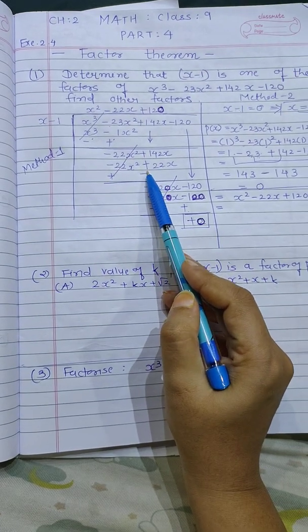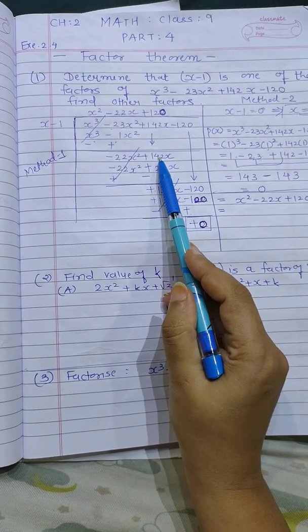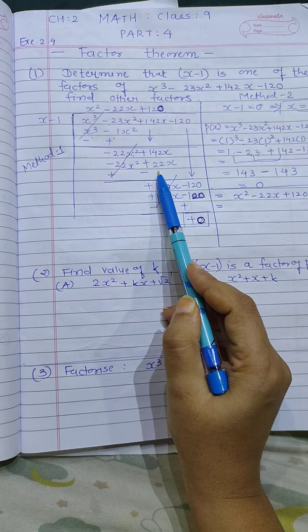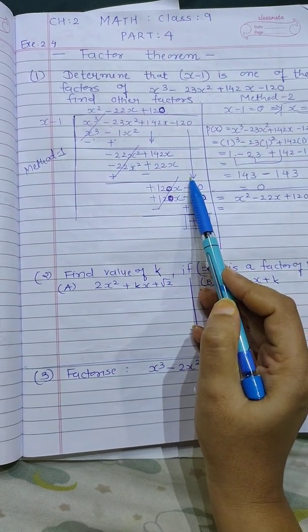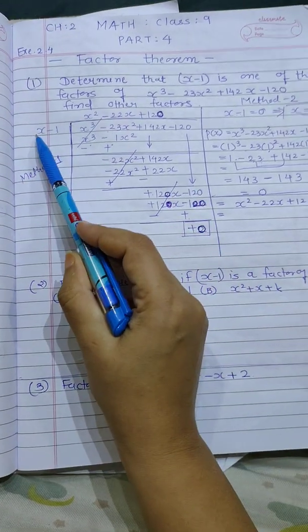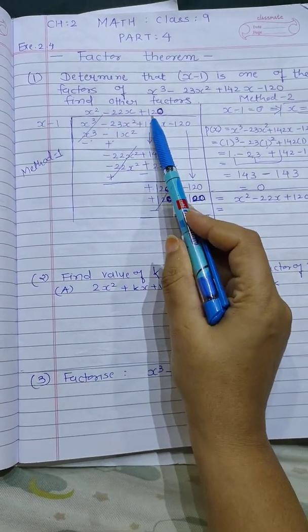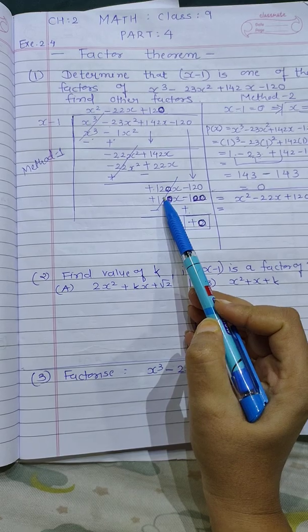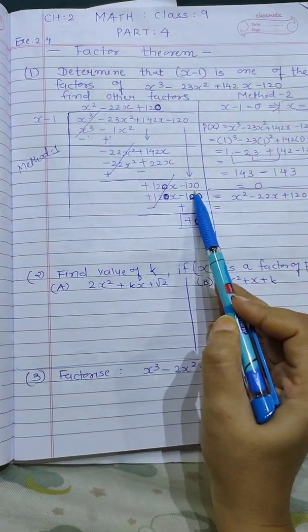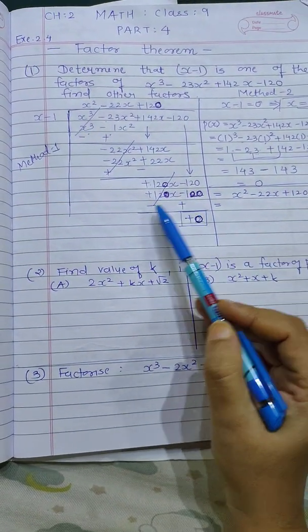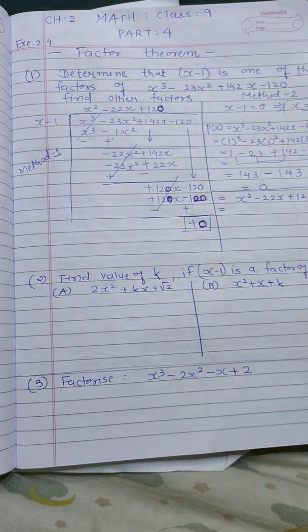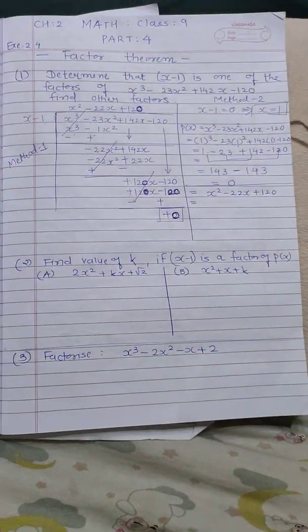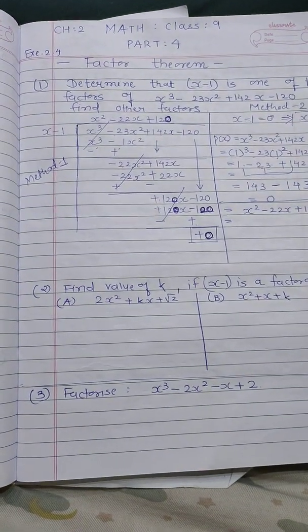Now plus minus minus, that means subtraction. 142 minus 22, answer is 120x. Minus 120 will come down. x to be multiplied with 120 to get 120x. 120 ones are 120, which is minus 120. Alter the sign, they both got cancelled. So your remainder is 0. That means it is proved x minus 1 is one of the factors.